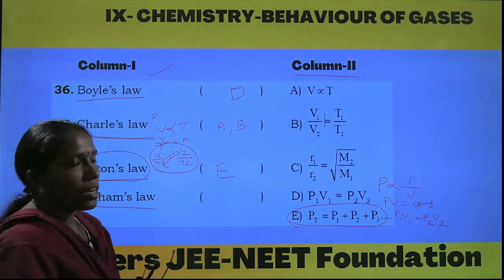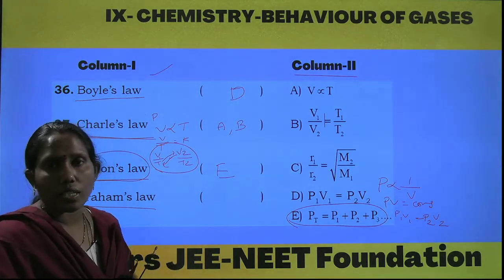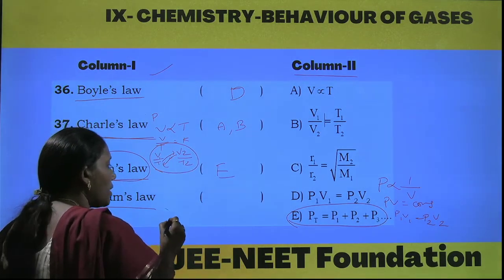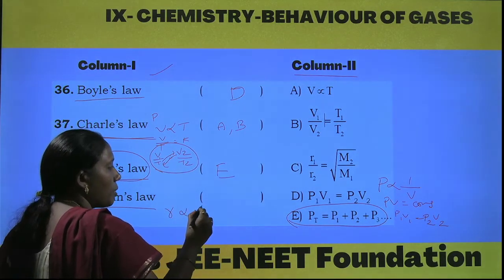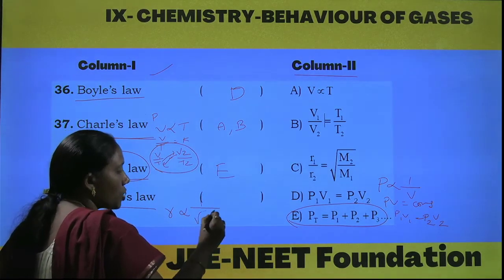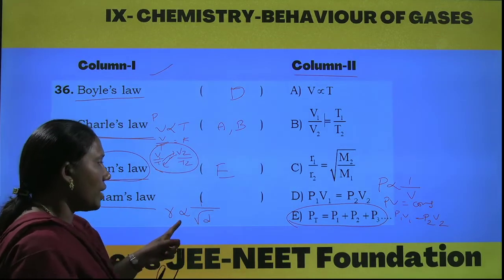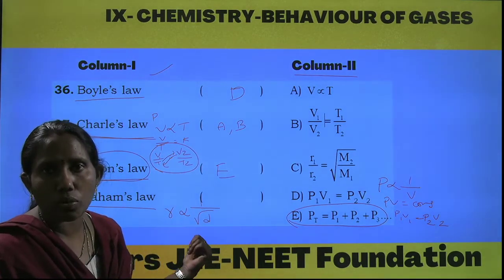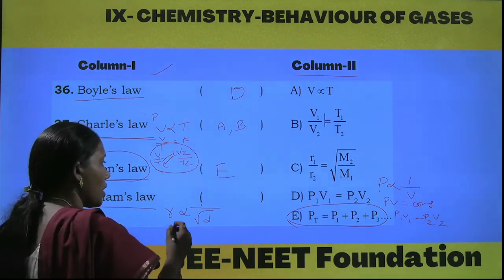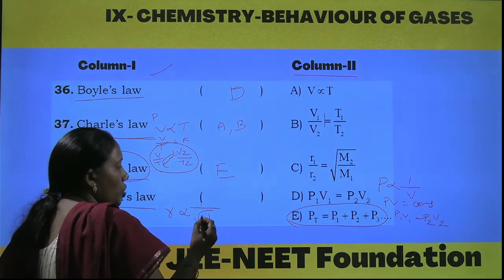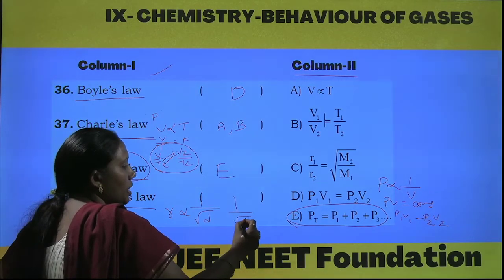Come to Graham's law. This law also we already discussed, Graham's law of diffusion. Graham's law of diffusion is nothing but the rate of diffusion is inversely proportional to the square root of density, R proportional to 1 by root D, or R proportional to 1 by root M also.